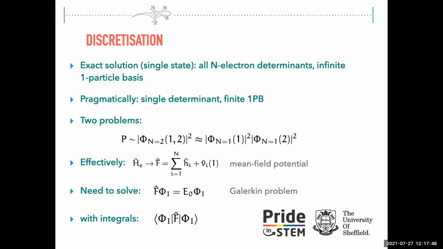The problem then is how do we choose a finite one particle basis, and that is the main aim of the work that I do at the moment, and it's quite a bit of research that I've looked at before. This talk is largely about a theoretical property of basis sets that everyone has ended up using almost universally in quantum chemistry. Specifically, the question is: does the finite basis set that we have chosen to use form a complete basis set in the limit that we had infinitely many of those functions?